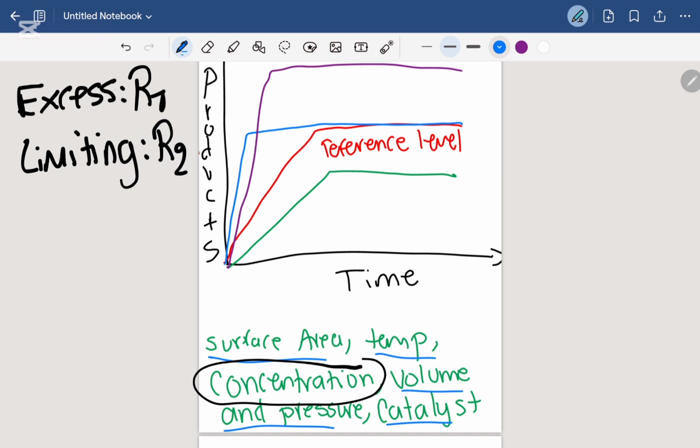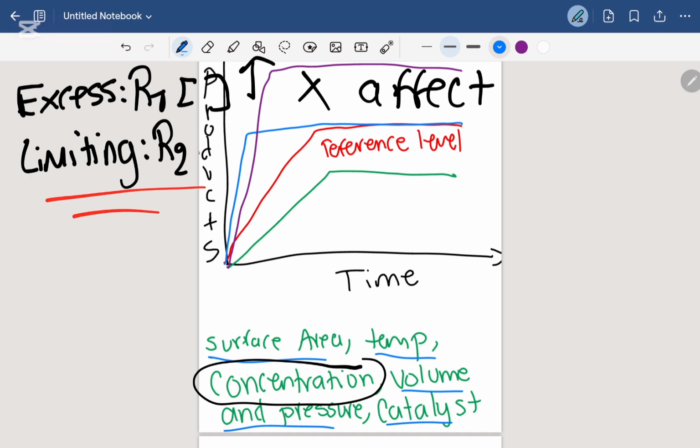So if the concentration of the excess increased, it will not affect anything. Why? Because we have a limiting reagent. Once the limiting reagent finishes, we will have the excess remaining. So if we increase its concentration, it will have no effect, but we're going to have more excess remaining.